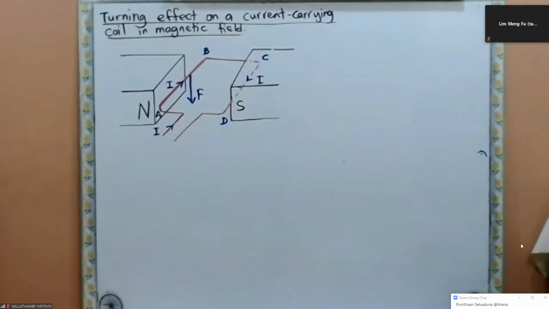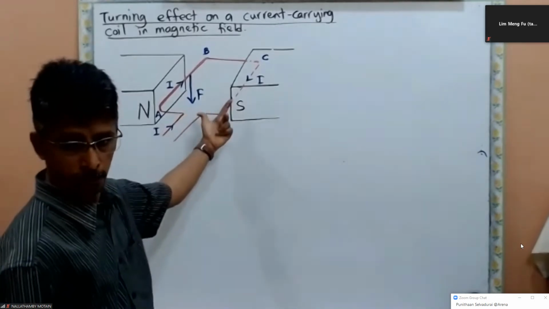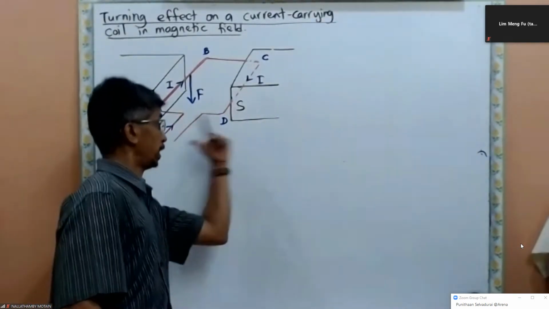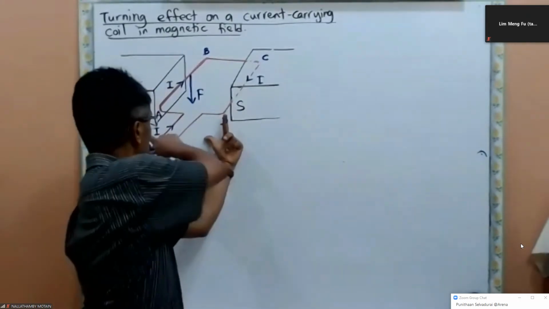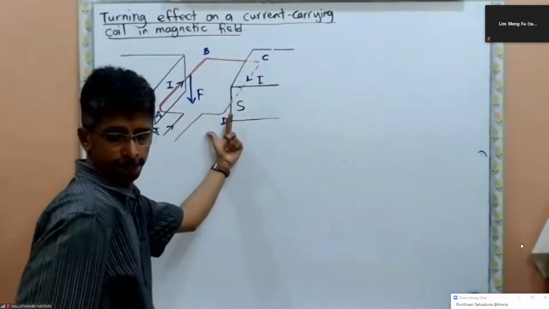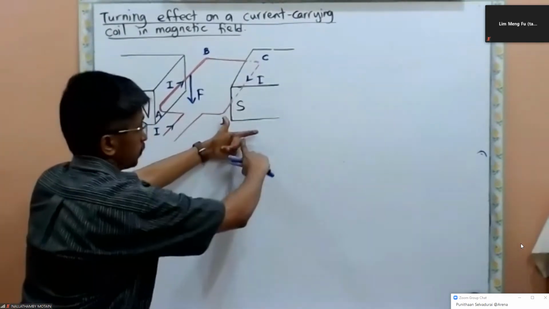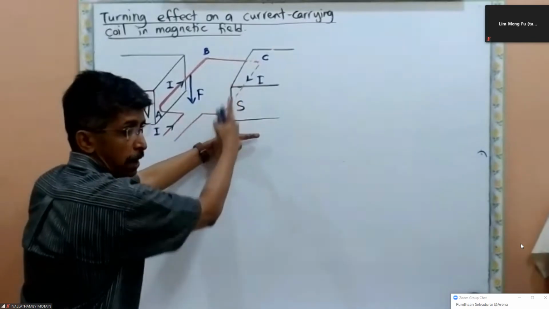Now here, where is the current? In, north to south. Your thumb points downward. So the force acting over here is downward. Label with F. On the right hand side, where is the force acting? Upward. Let's check. Where is the current? The current is coming out towards us, if you're observing from here. Fingers point north to south, so your thumb points upward.